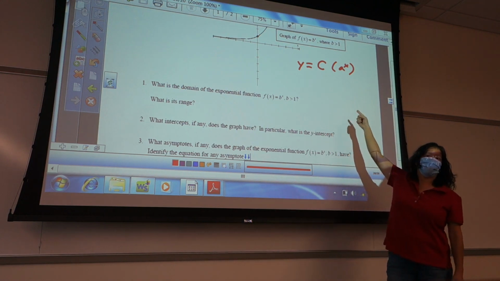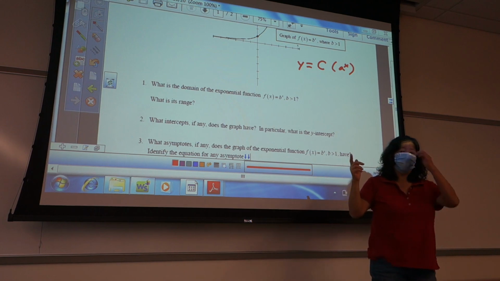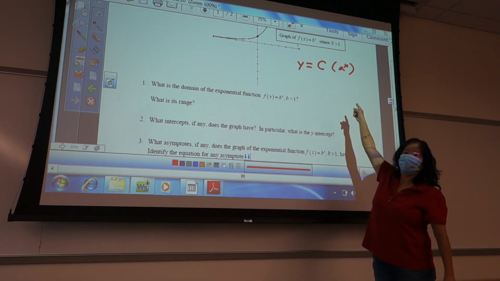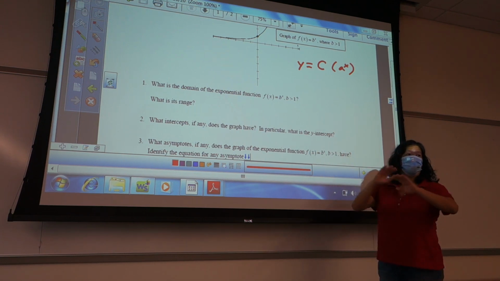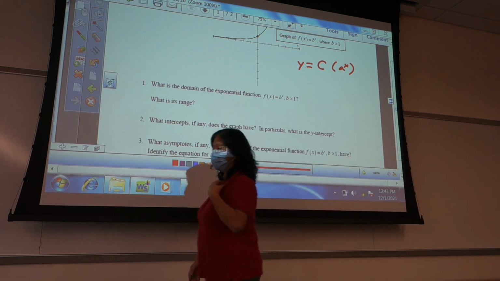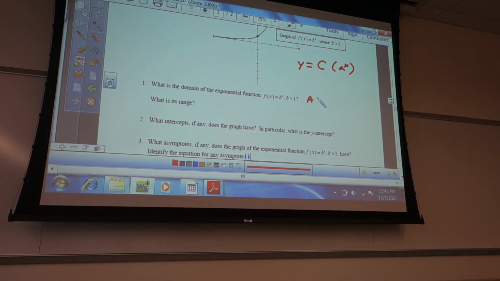No. What's the other thing we can never ever do? Square root of a negative number. Is x in a square root here anywhere? No. So the domain of this is all real numbers, negative infinity to positive infinity.